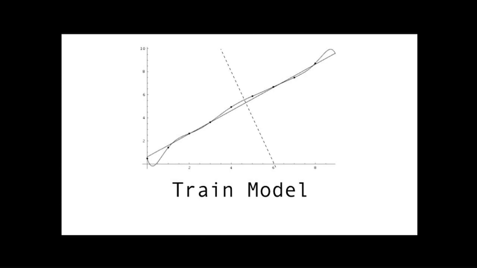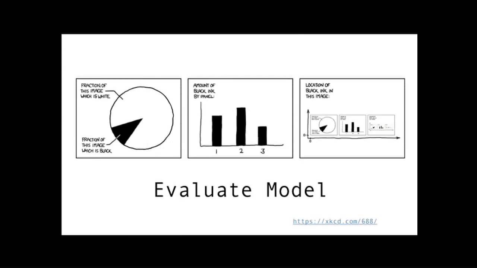Then there's some positive cost to the straight line model, but it's not super high. And if I test that against the cross-validation data, again, it probably has a lowish cost. Most machine learning training can be expressed as minimizing a cost function by tweaking the parameters of the model. So now we need to evaluate the model.